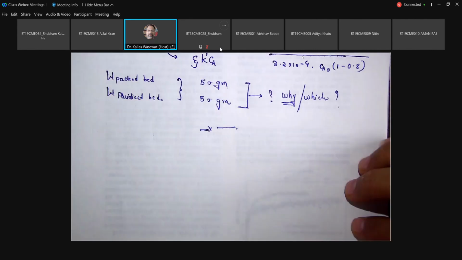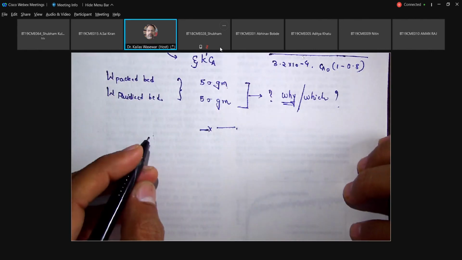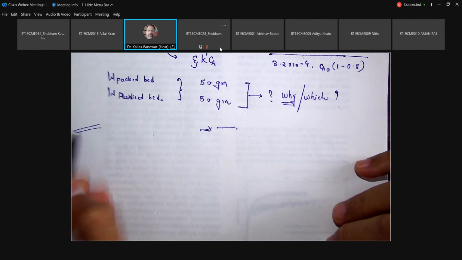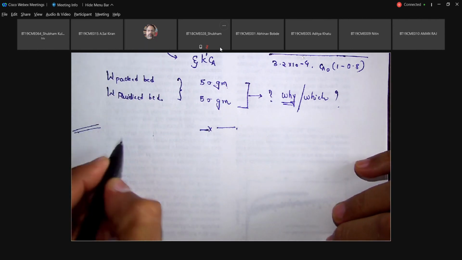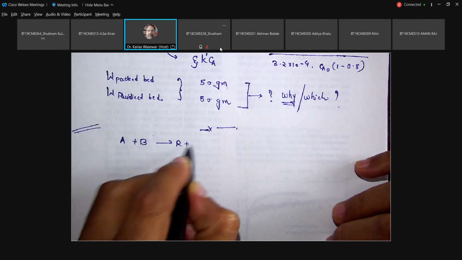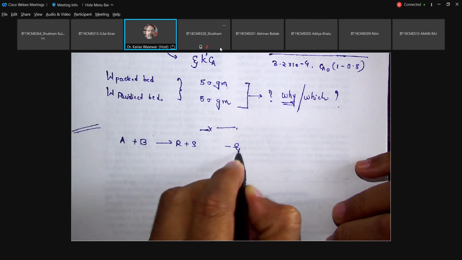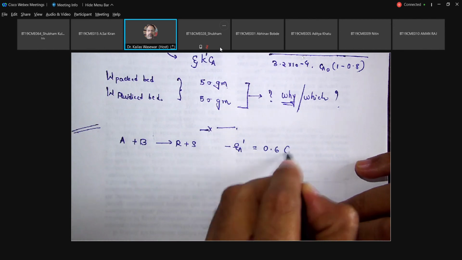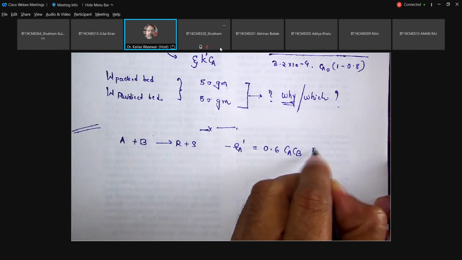Now just take one simple example. We have the reaction A plus B gives two products, R plus S. Second order gaseous reaction, rate 0.6 Ca into Cb, in moles per kg hour.